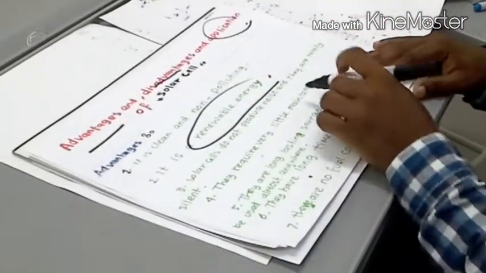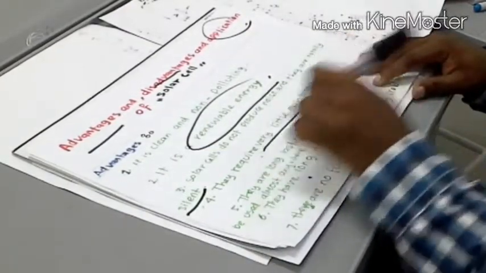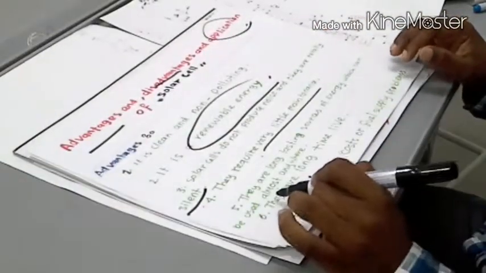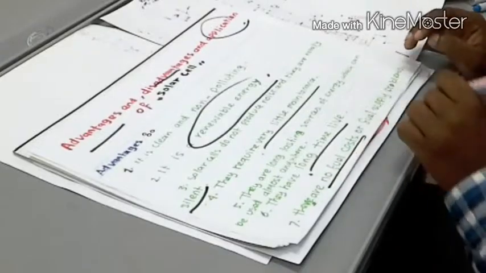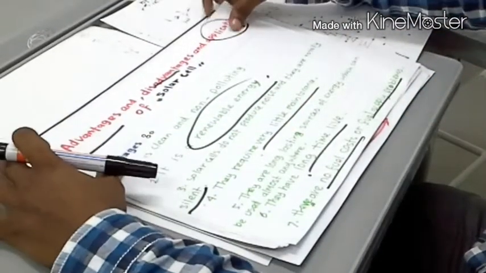Solar cells do not produce noise and are totally silent. They require very little maintenance. They are long-lasting sources of energy which can be used almost anywhere. There are no fuel costs or fuel supply problems. So these are some of the main advantages of the solar cell.